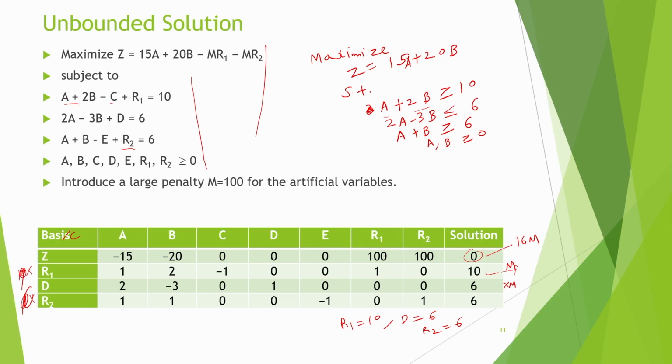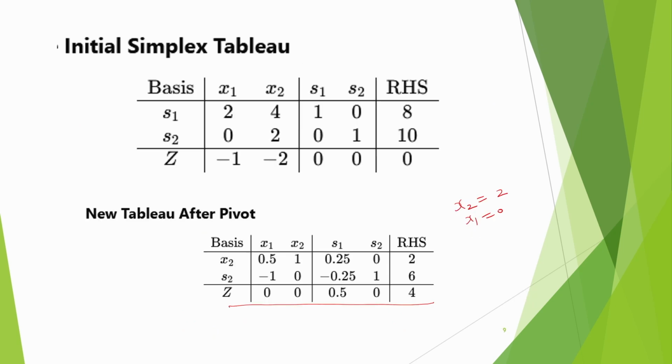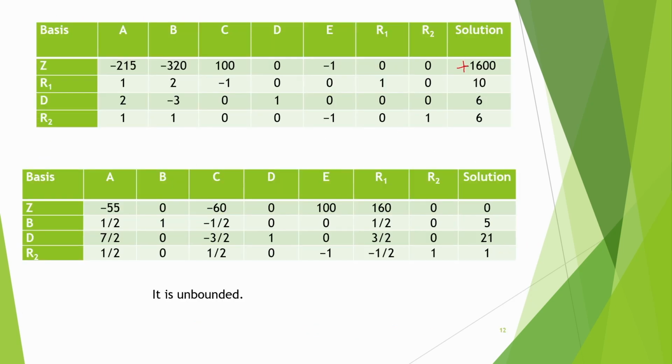Okay, so what happens is that the next one you get is minus 215, and this is equal to this one. You do that operation.